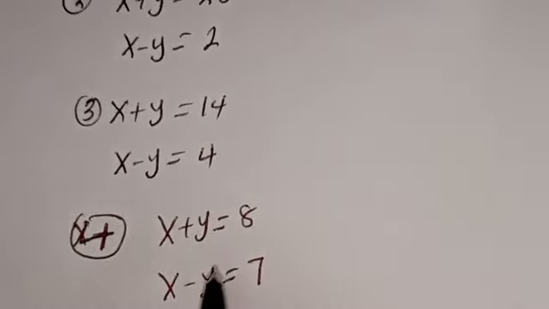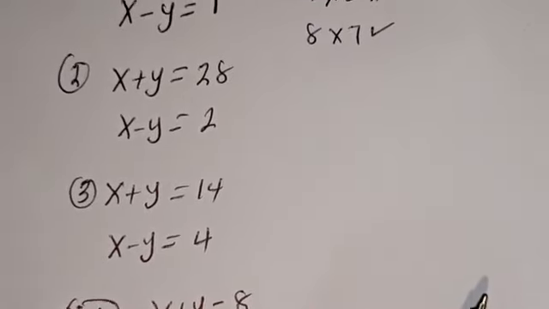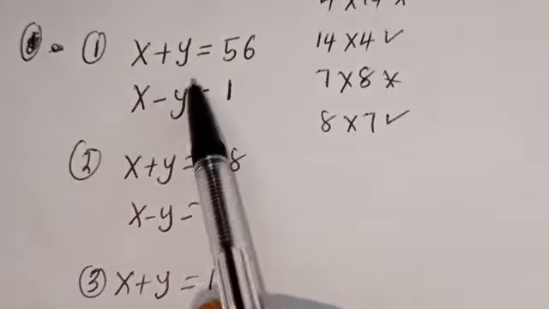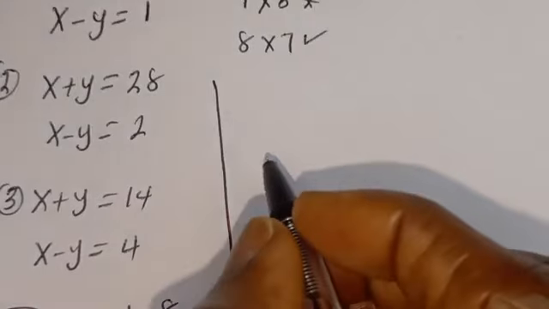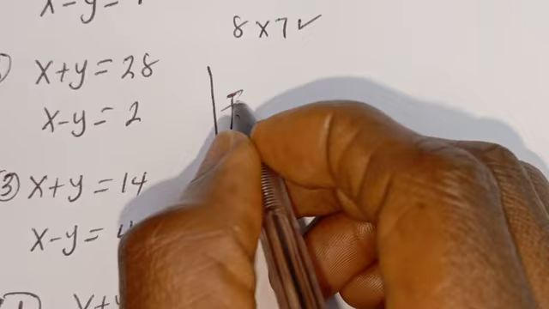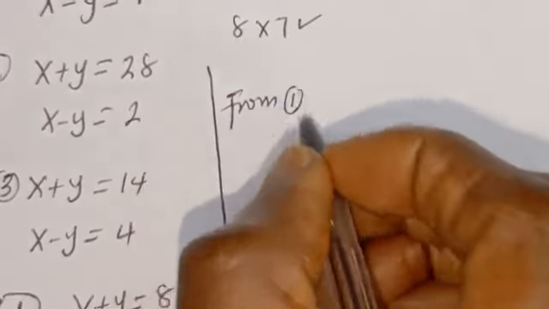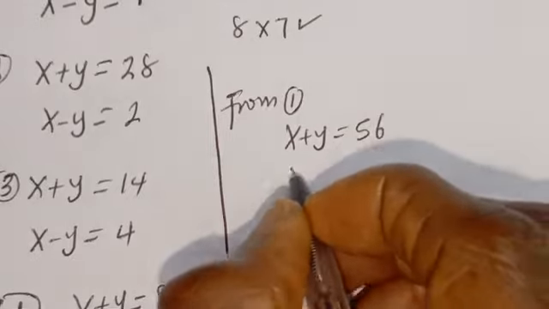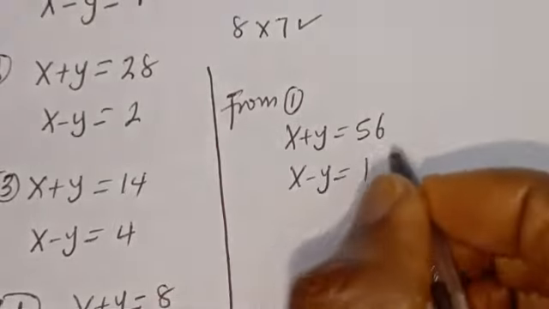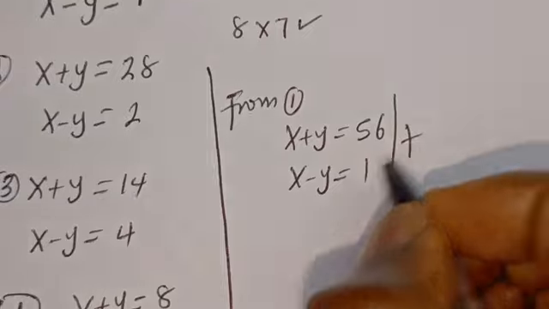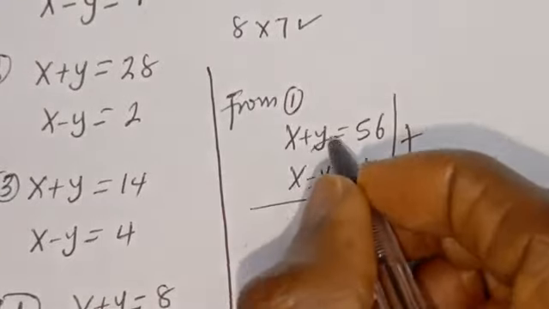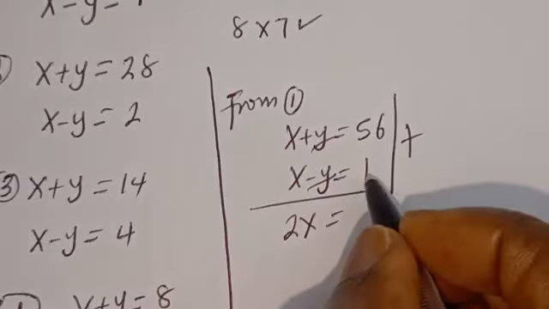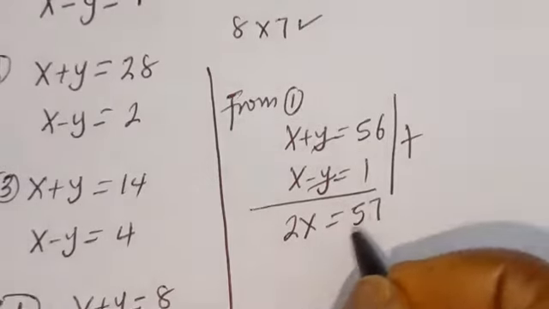So we can solve the following equations simultaneously using the elimination method. Let's start from the first equation. From the first equation, x plus y equal to 56, x minus y equal to 1. We add the two equations together using the elimination method. This will cancel this. x plus x, this is 2x. 2x is equal to 56 plus 1, that is 57.